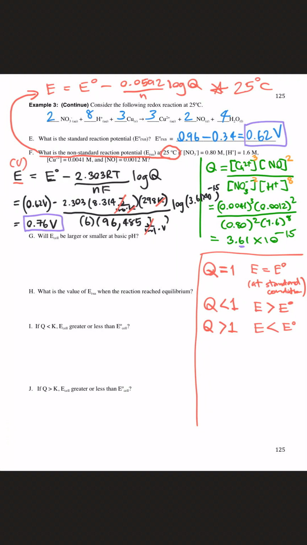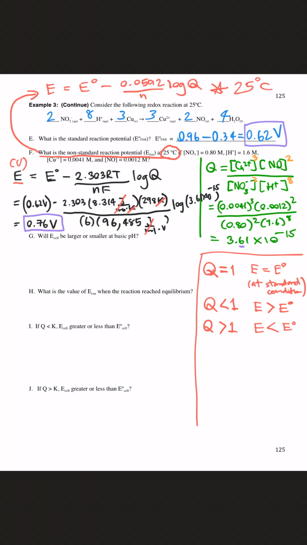The reason for that is because the forward direction becomes slightly less spontaneous. So we are going to use this concept to help us determine the relative value of the non-standard cell potential for questions G, H, I, and J.